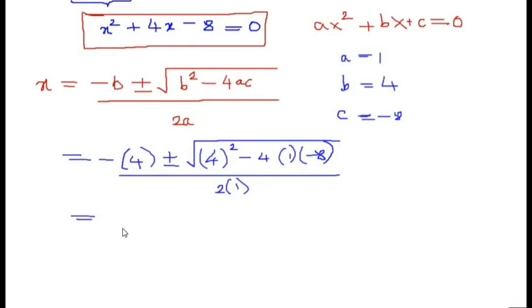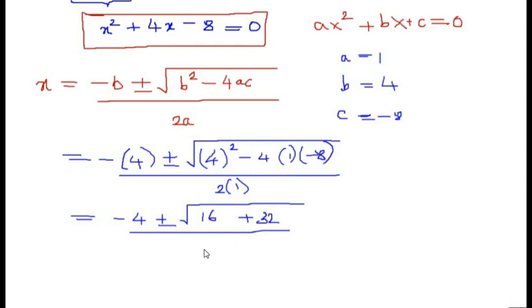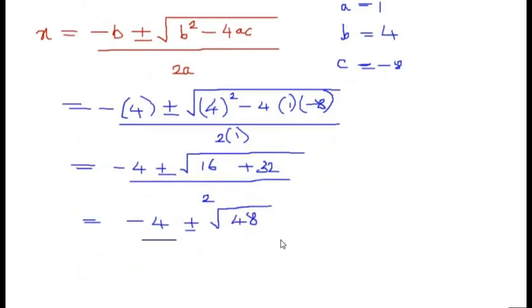So further solving it, we get negative 4 plus or minus square root of 4 squared is 16, minus of minus becomes plus, and 4 times 8 is 32, over 2. So further simplifying this, we get negative 4 plus or minus square root of, this becomes 48, over 2.